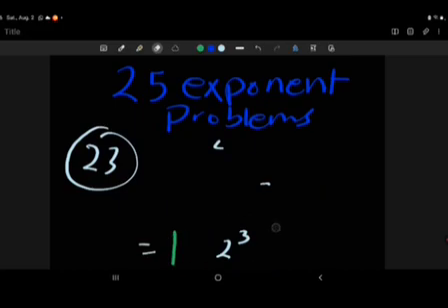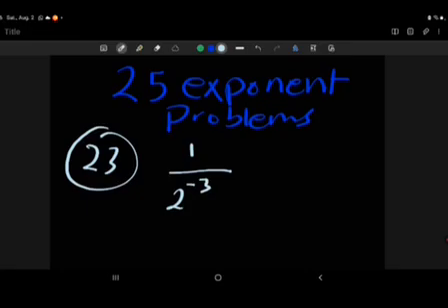Now the way I can explain this is, let's say you have 1 over 2 to the -3. So we know that this actually equals 1 over 1 over 2 to the 3rd.